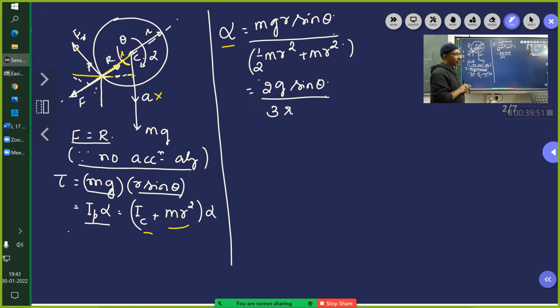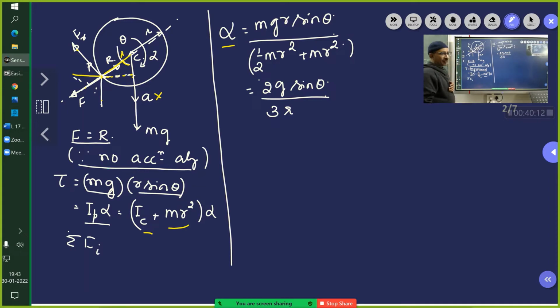But gentlemen, if it is slipping, as far as alpha is concerned, you have to be a bit careful about that. Because now you will also have to consider summation Fi.